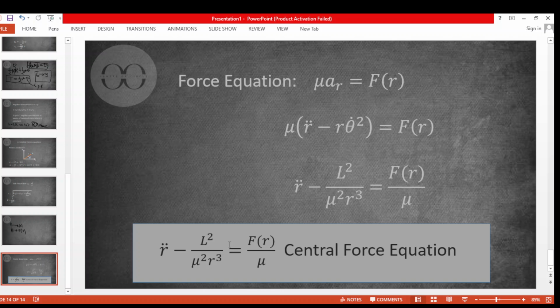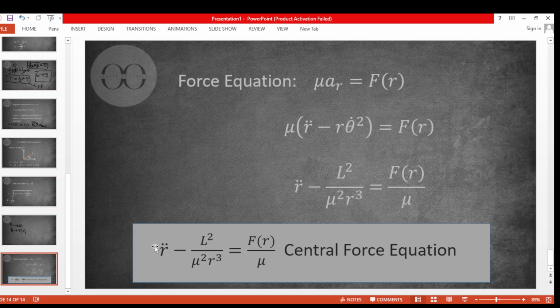It is a second order differential equation. If we solve this, then we find our position vector r. So by solving this second order differential equation, we can determine the orbit, the path our two body problem follows.